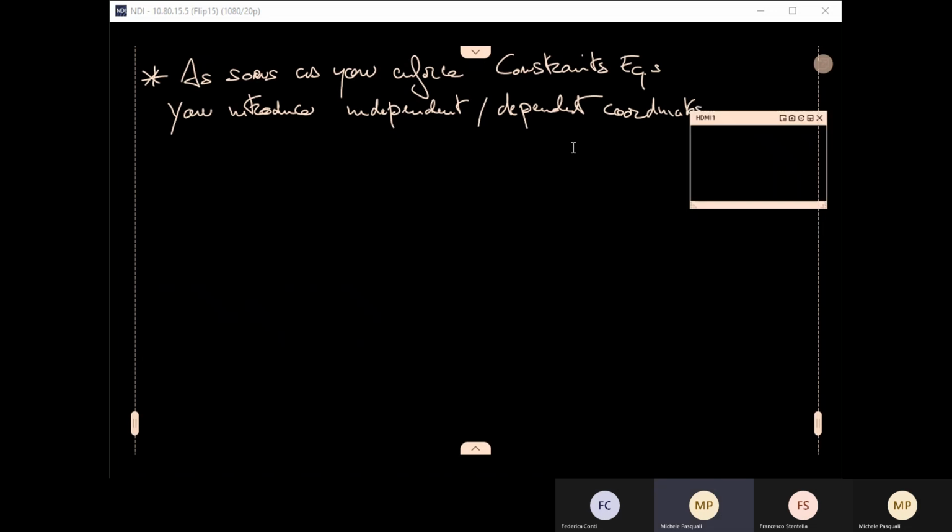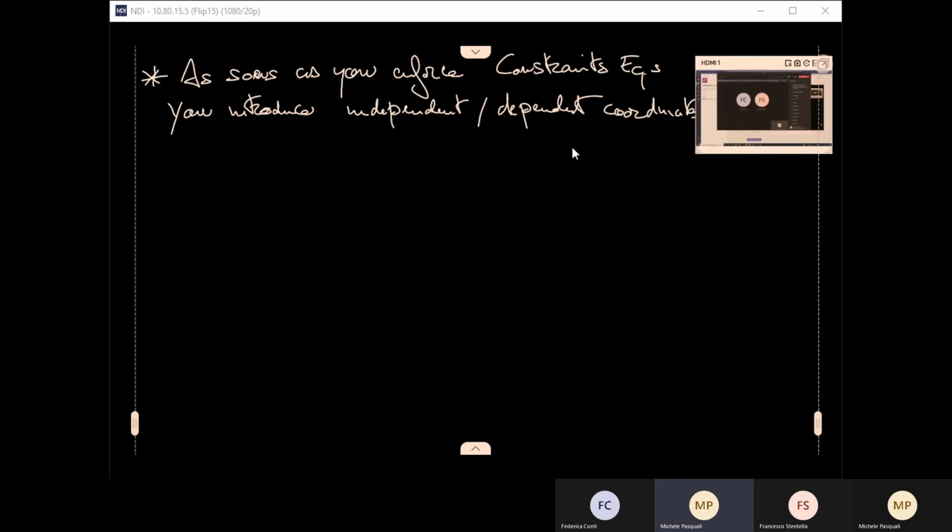These are what constraints are for, okay? So that the variation of some coordinates is constrained to follow certain rules that you define through the equations themselves.